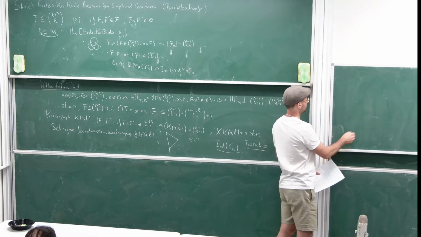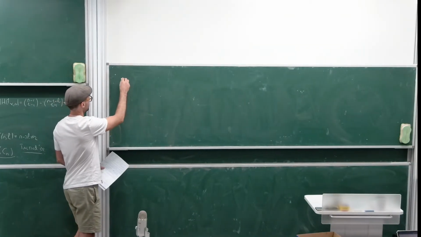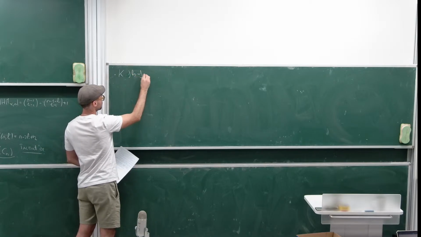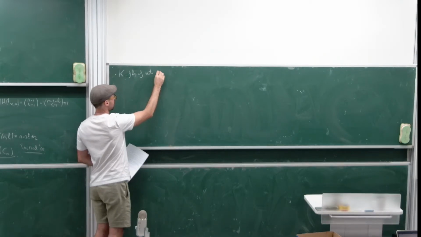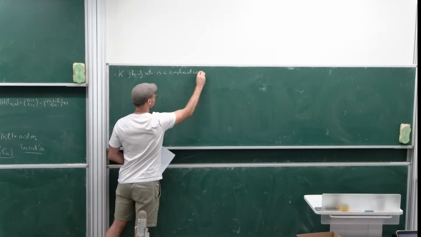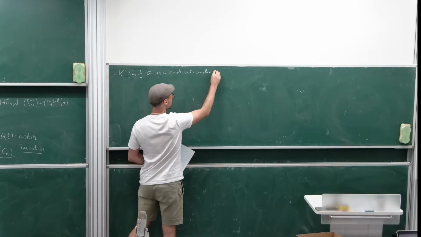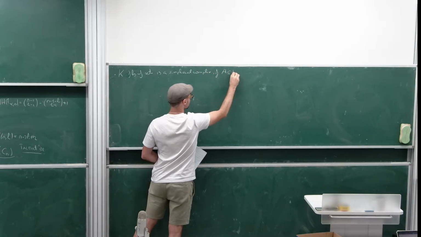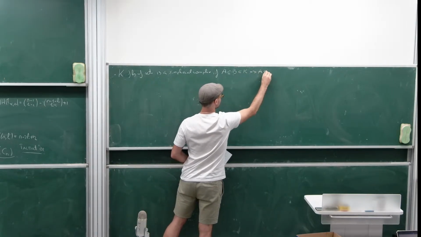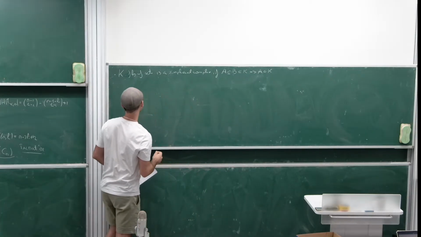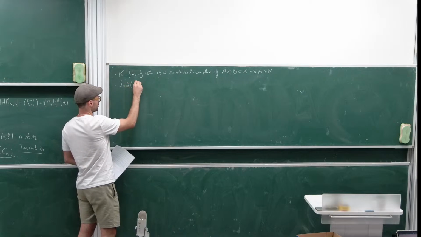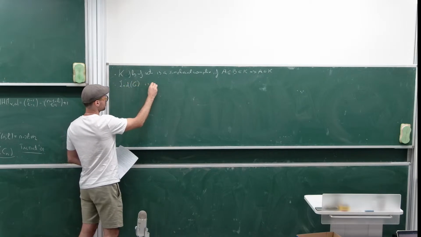To state the conjecture, maybe let me remind you that a family of sets K is a simplicial complex if whenever we have A included in B, which is an element in K, then A is also in K. For example, the independent sets of a graph G form a simplicial complex.